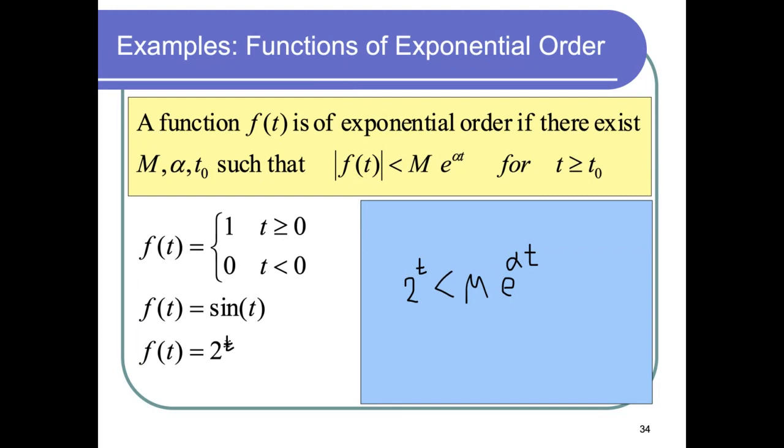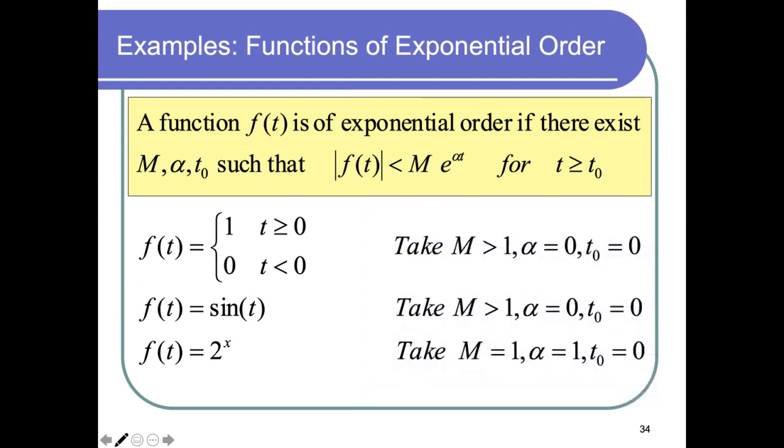Yes, Mazen. We can say m equals 1 and alpha equals 1. So this is just equal to e to the power of t, and e is 2.7 something, which is greater than 2, so this is satisfied. That is correct.